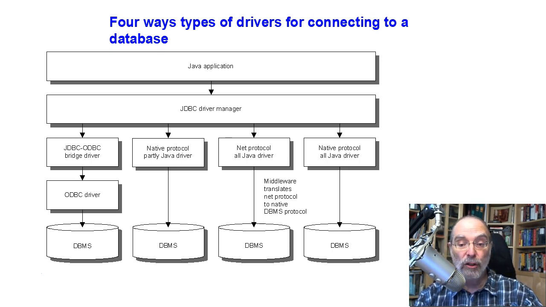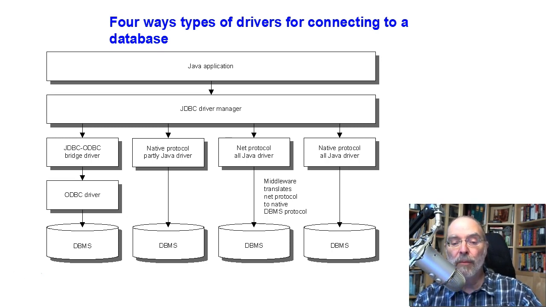But unlike the first 2 or the last, the Net Protocol driver does not communicate directly with a relational database. Instead, it's designed to communicate with what's called a middleware server. A common use of such a server would be to, upon receiving a request for data, determine which physical database server is most appropriate to handle the requests of the user.